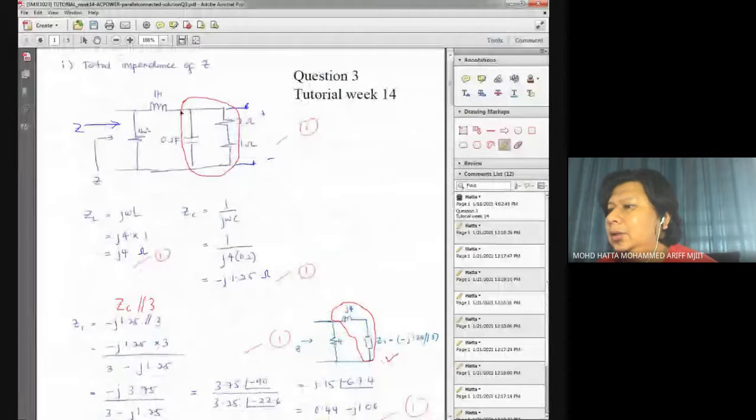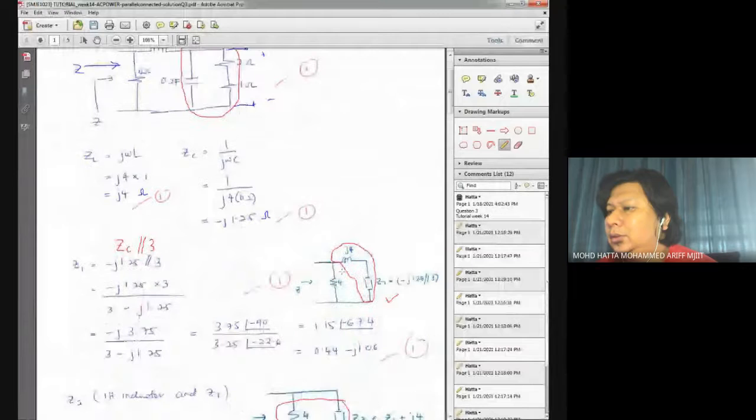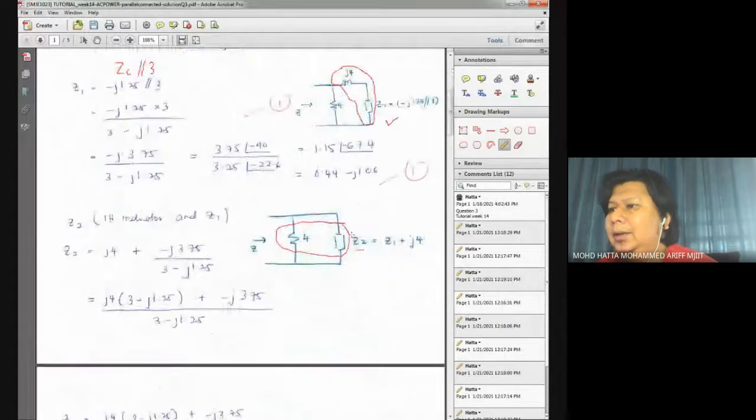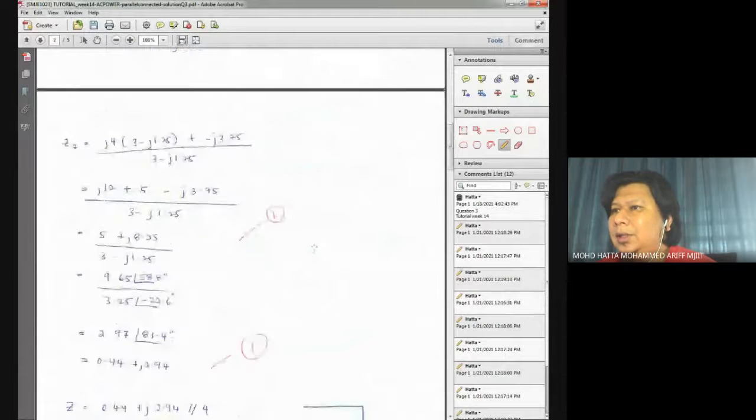Then, when you simplify that circuit, you see that these two can be combined as a series connection. Later on, you get the total impedance by combining these two parallel connected elements. That's for the first part, the impedance.